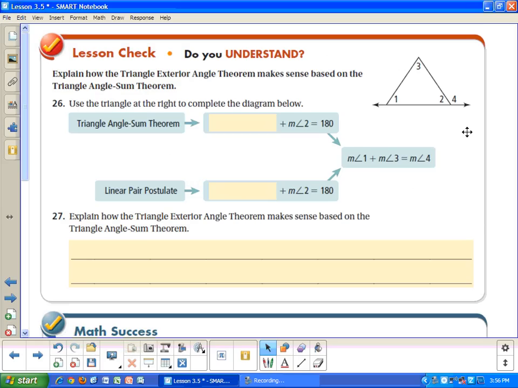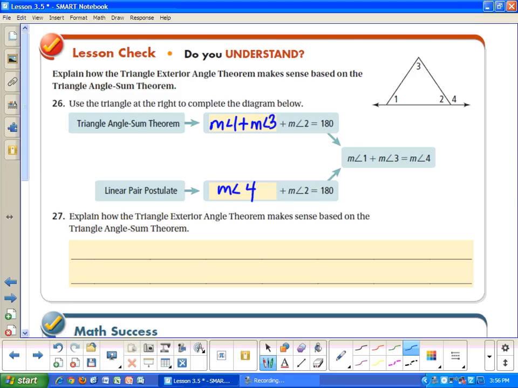The lesson check. If we look at the information given, the triangle exterior angle theorem makes sense based on the triangle angle sum theorem. The measure of angle 1 plus the measure of angle 3 plus the measure of angle 2 equals 180. And the linear pair postulate, we get the measure of angle 4 plus the measure of angle 2 equals 180.